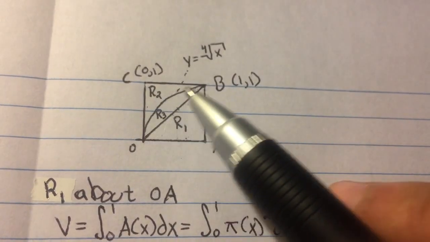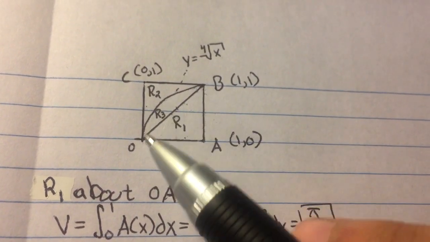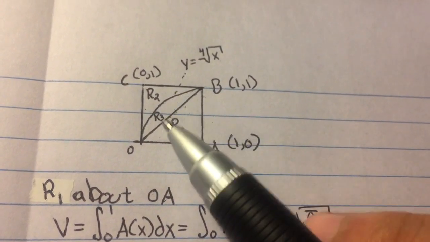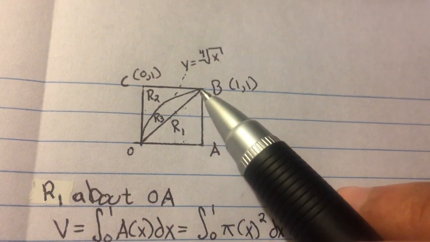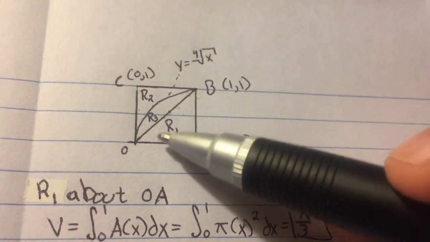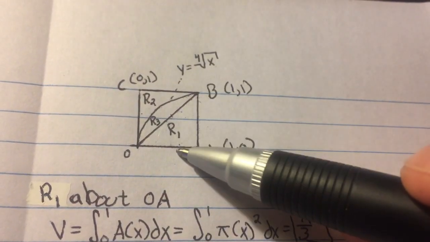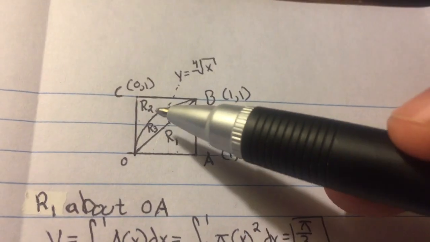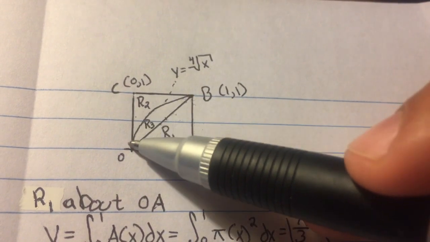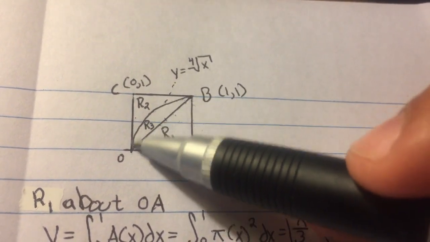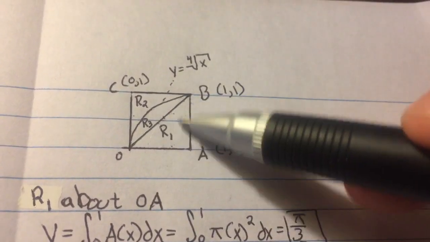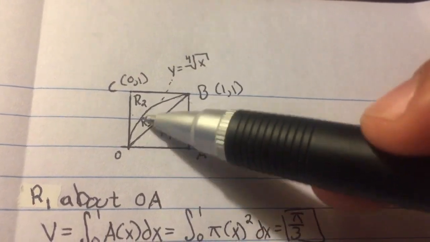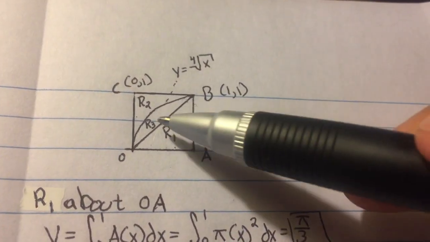R2 about OA. Alright, so this is the first time where we've got to subtract away a small disk from a big disk. We're going to take a big disk that's going to be this entire distance here, so it's going to have a radius of 1. We're going to have literally pi 1 squared minus pi, and the area bounded by this curve would give us a radius of, that would be a disk that would subtract all that volume away, right?